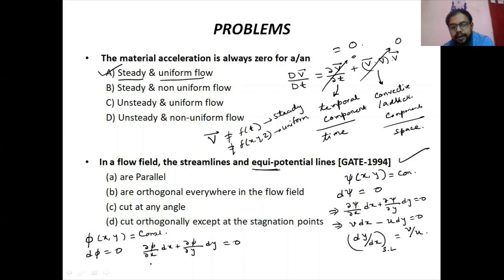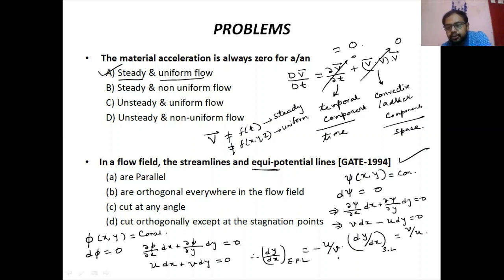Del phi by del x is u and del phi by del y is v, so u dx plus v dy is equal to 0. So dy by dx of the equipotential line is equal to minus u by v.